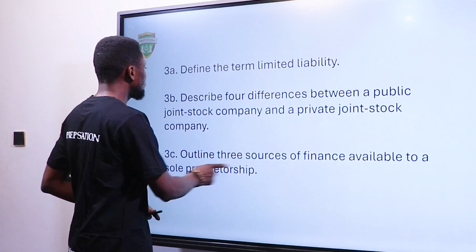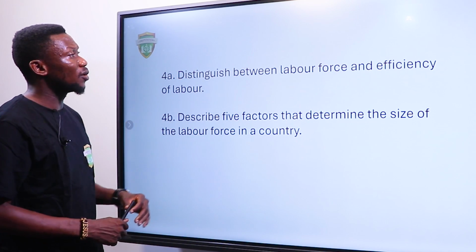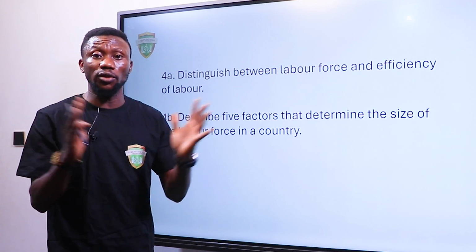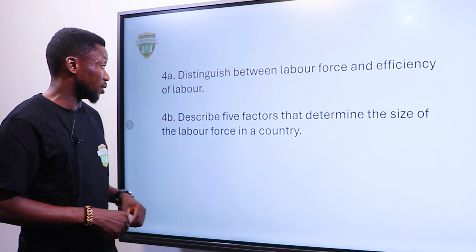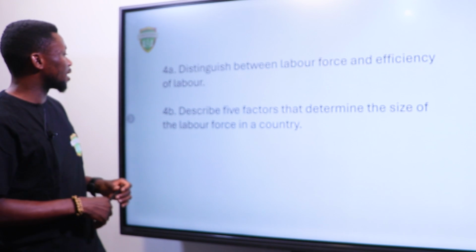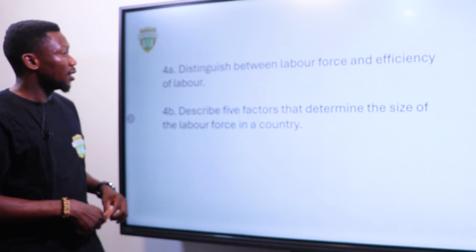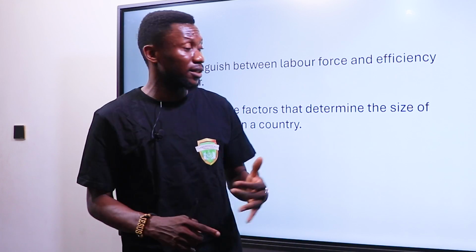So let's distinguish between labor force and efficiency of labor. Labor force is talking about employed and unemployed combined. Efficiency of labor is talking about how productive labor is. Describe five factors that determine the size of labor force in a country. The factors are population, the number of people in that society.